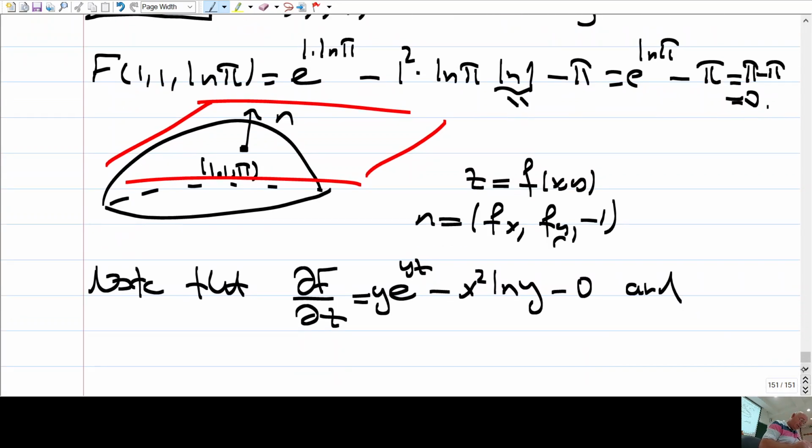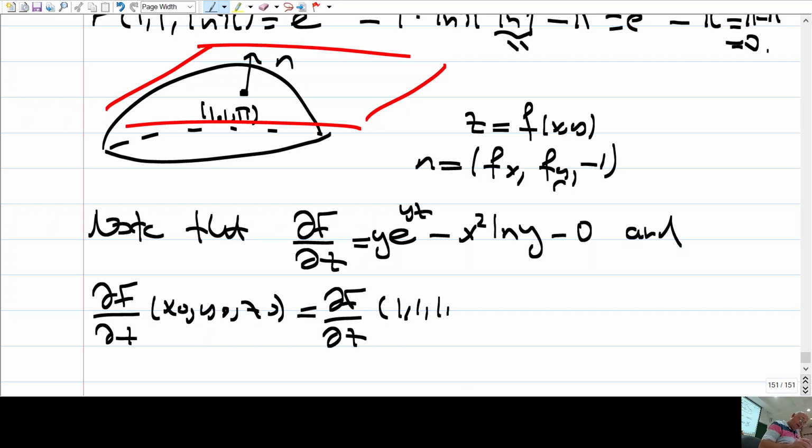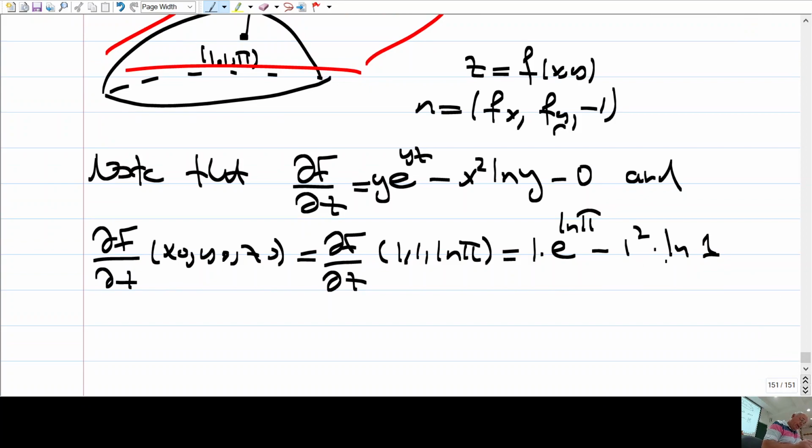And del f del z at x0, y0, z0, so del f del z at 1, 1, ln pi, what is this? 1 times e to the power ln pi minus 1 squared times ln 1. ln 1 is just 0, and this is just pi, right? And pi is not 0.